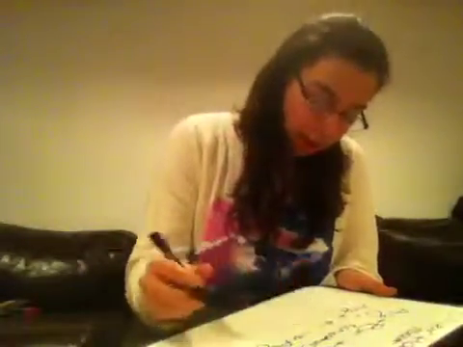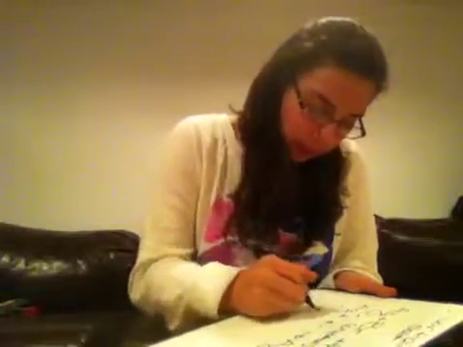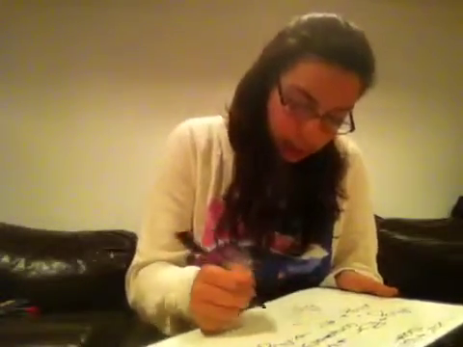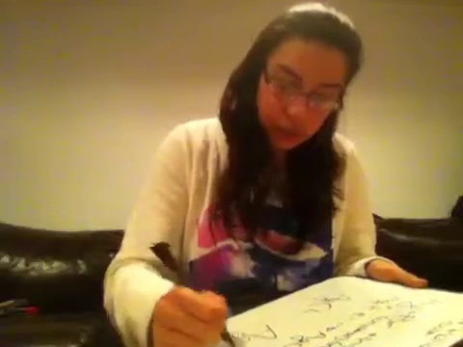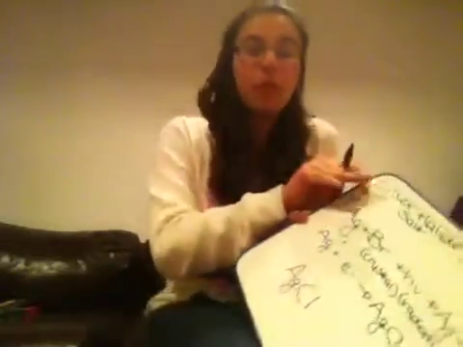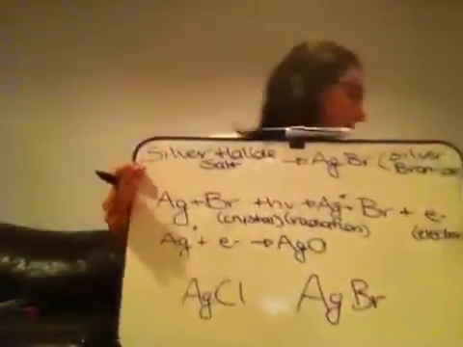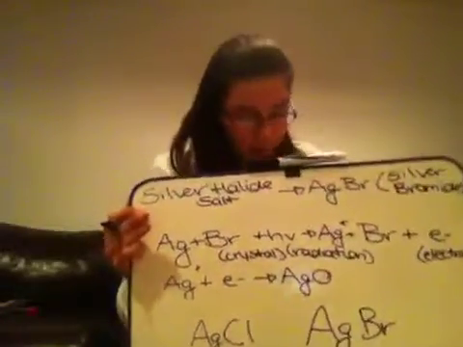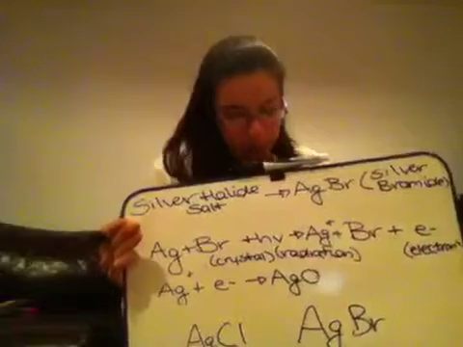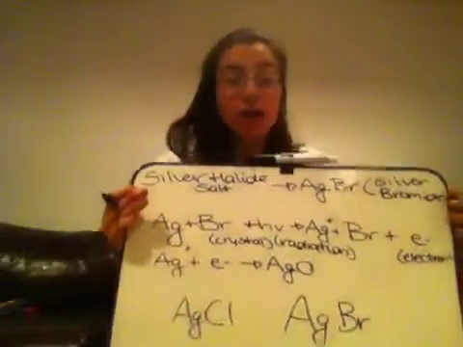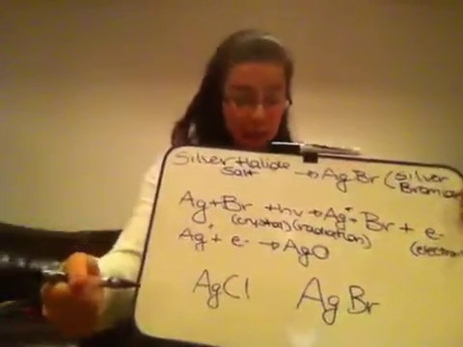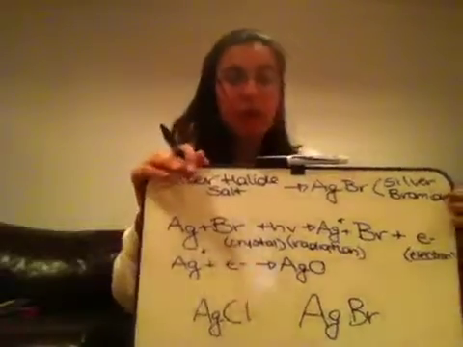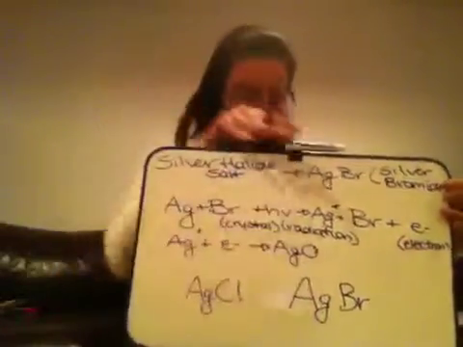So it would be AgCl, and of course AgBr. Those are your two. The silver Ag will always be combined with either Cl or Br.